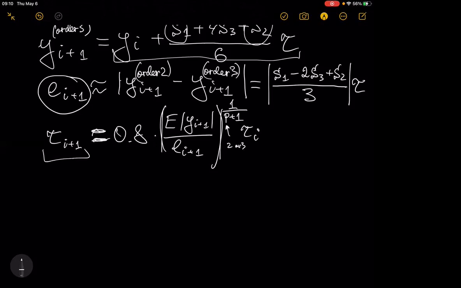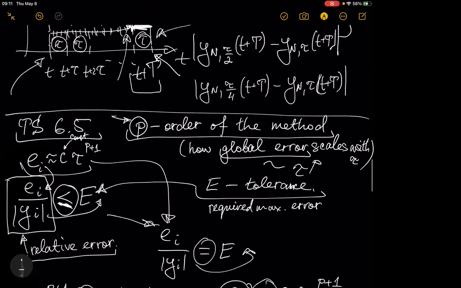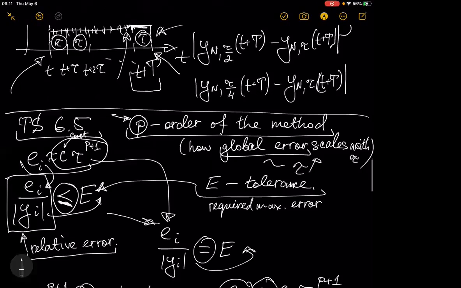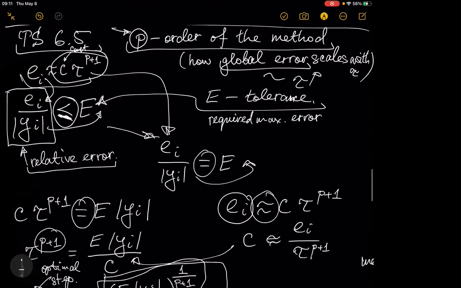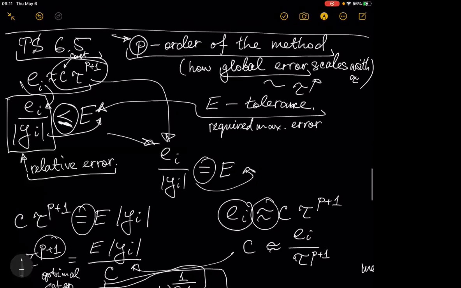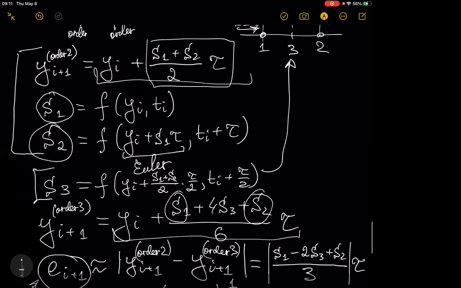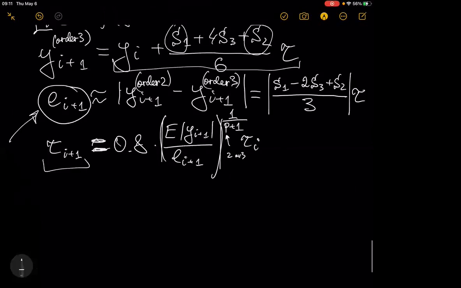To be on the safe side, you can use 2. It's a more conservative evaluation, so you remember we use these, right? It's a little bit more conservative evaluation, so I would use order 2 here, for example.